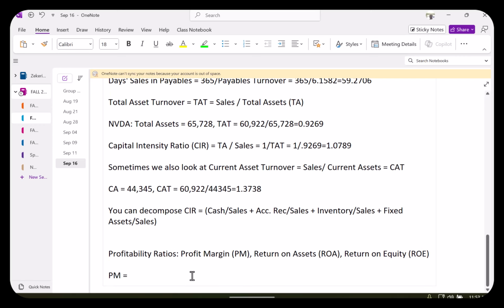They all have net income in their numerator, only the denominator changes. PM is net income divided by sales. So for every dollar of sales, how many cents do you get to keep after everything?